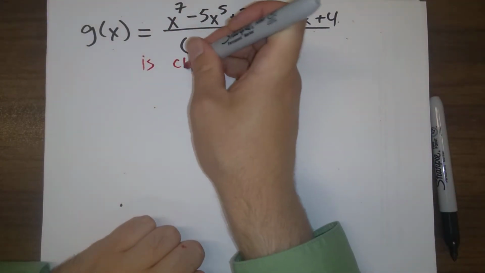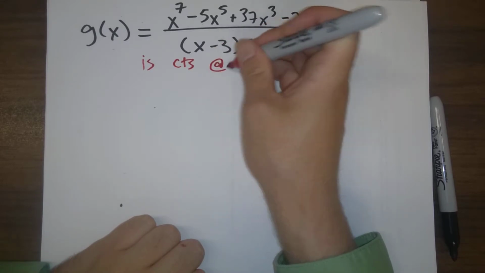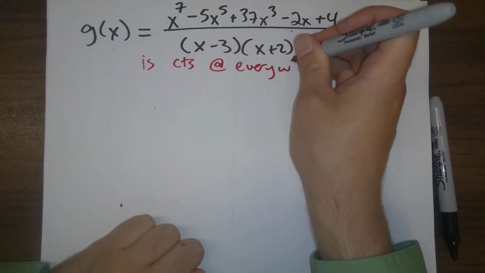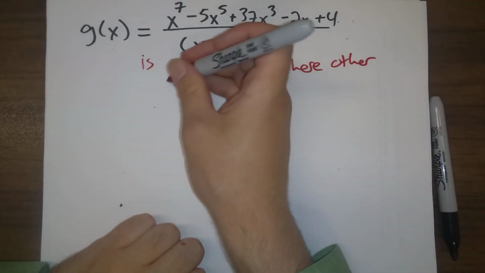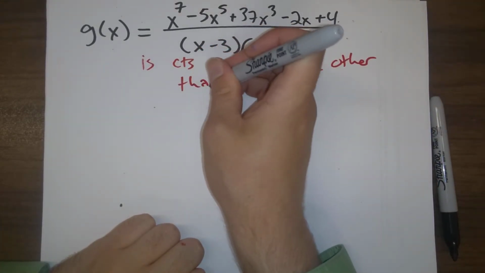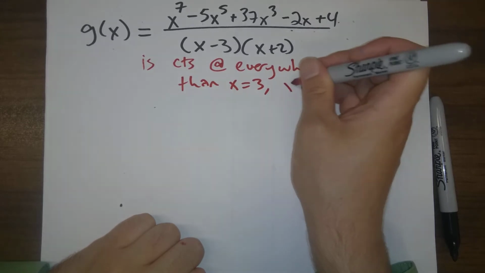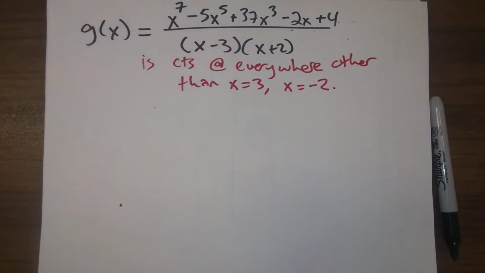This is continuous everywhere other than where the denominator is undefined: x equal to 3, x equal to minus 2. And so we have this very powerful way to construct new functions that are automatically continuous.